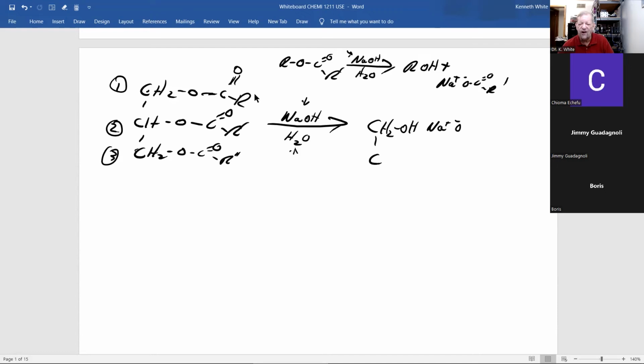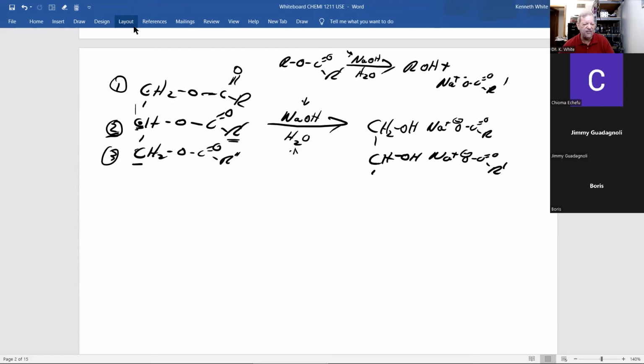By the way, this is called saponification of an ester because the carboxylate anions you get are soaps, and I'll teach you that later on. Second ester, I'll get this alcohol plus what's my R group on the carbonyl, R prime. I'll get this carboxylate anion.